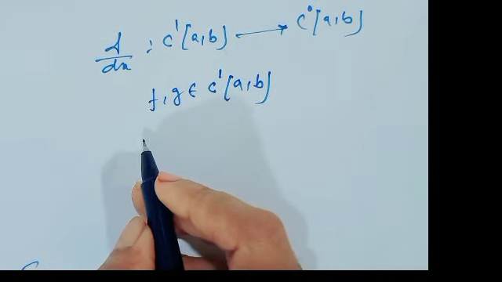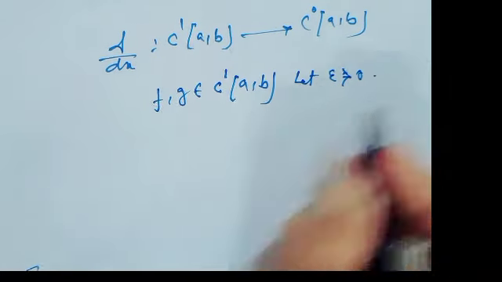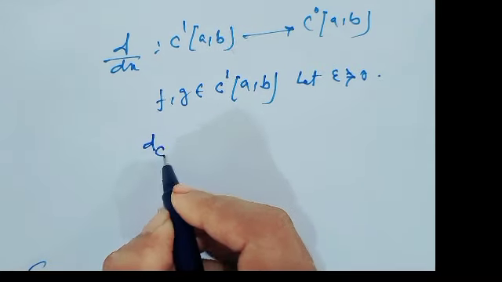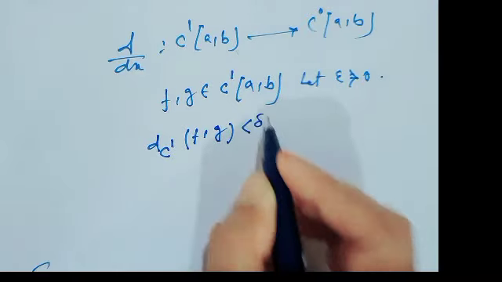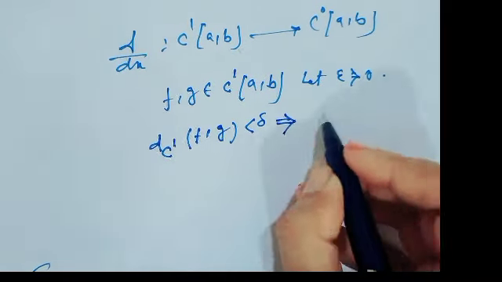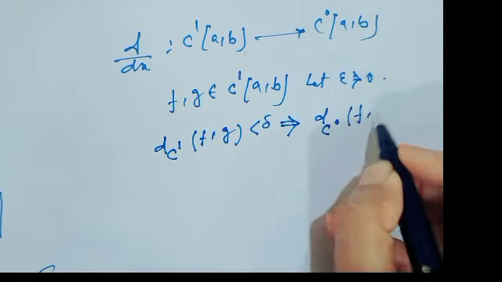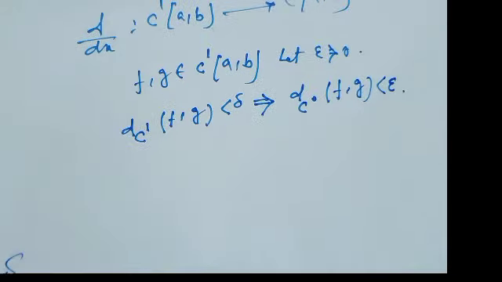And for continuity, let epsilon greater than 0. That means we have to prove D with the metric space C1 of (f, g) less than delta implies D with the metric space C0 of (f, g) less than epsilon. We have to prove this.